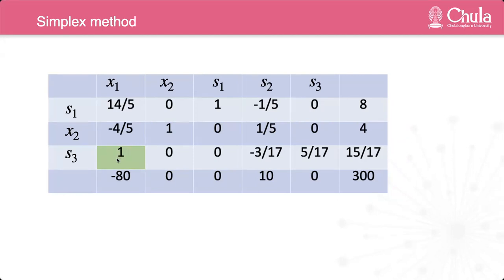Okay. Also, we multiply minus 4 over 5 to the third row and subtract the second row. Okay. Then this one becomes 0. And for the last one, we multiply minus 80 to each element of the third row, and then subtract the fourth row.